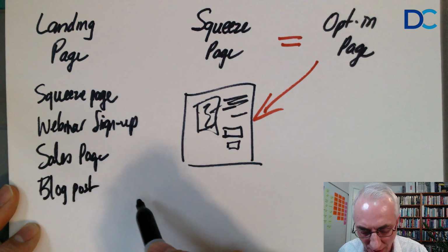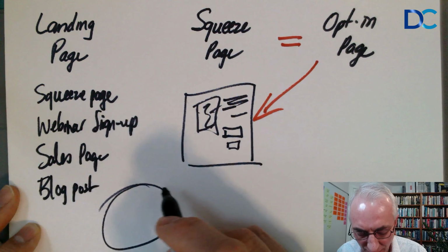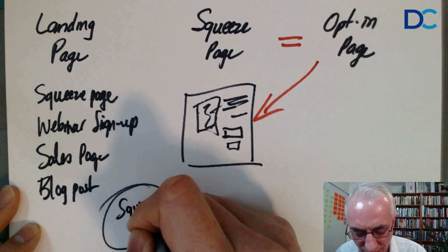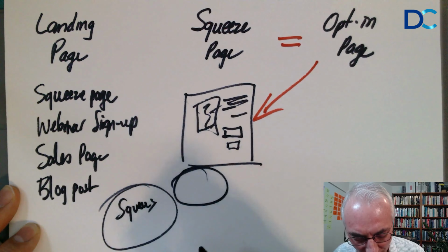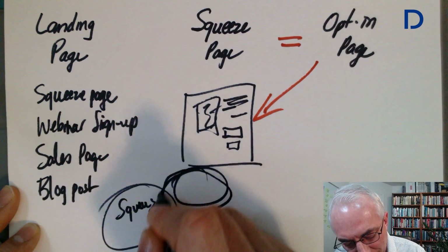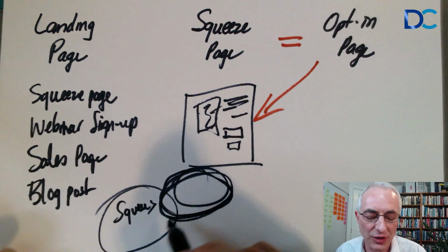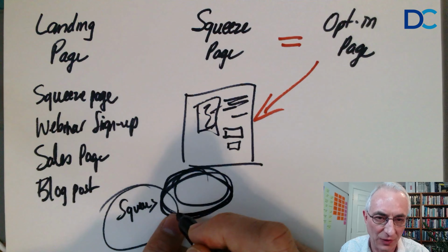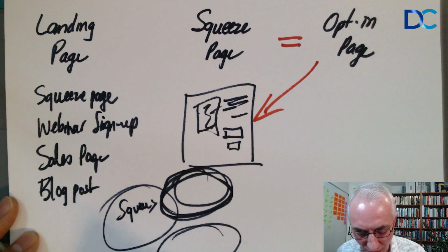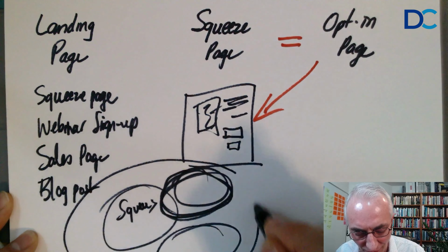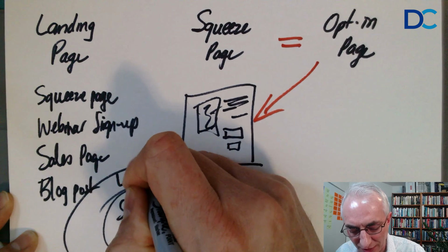If we were to do a Venn diagram, here we've got squeeze, and we've got webinar signups, which technically are a squeeze page, because when someone signs up for a webinar, they also give their email address, a sales page, a blog post. All of those are landing pages.